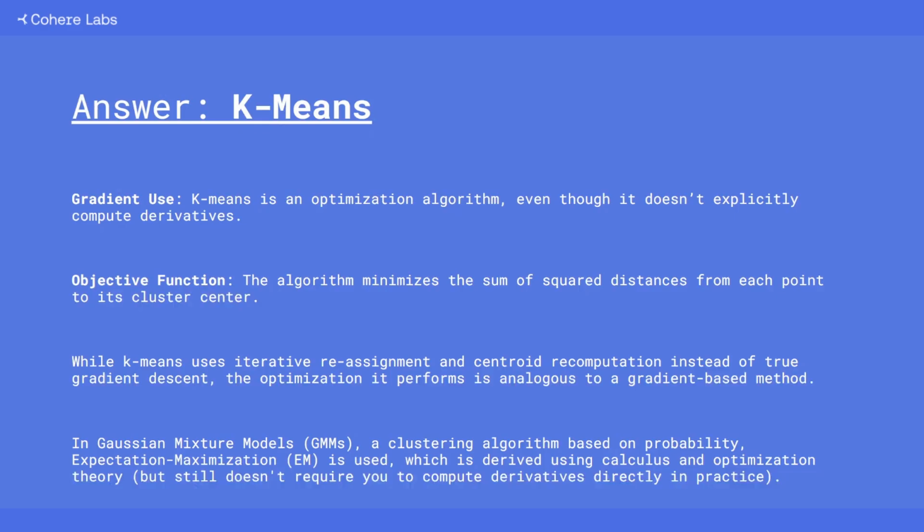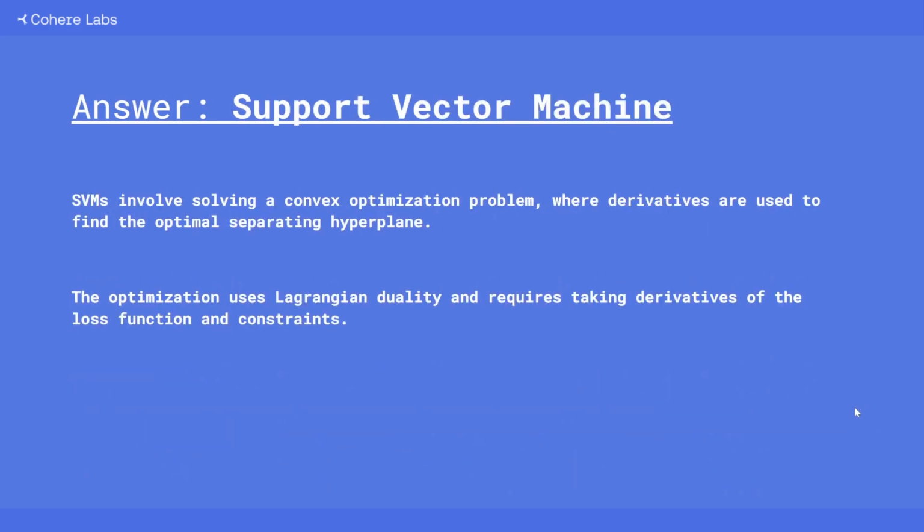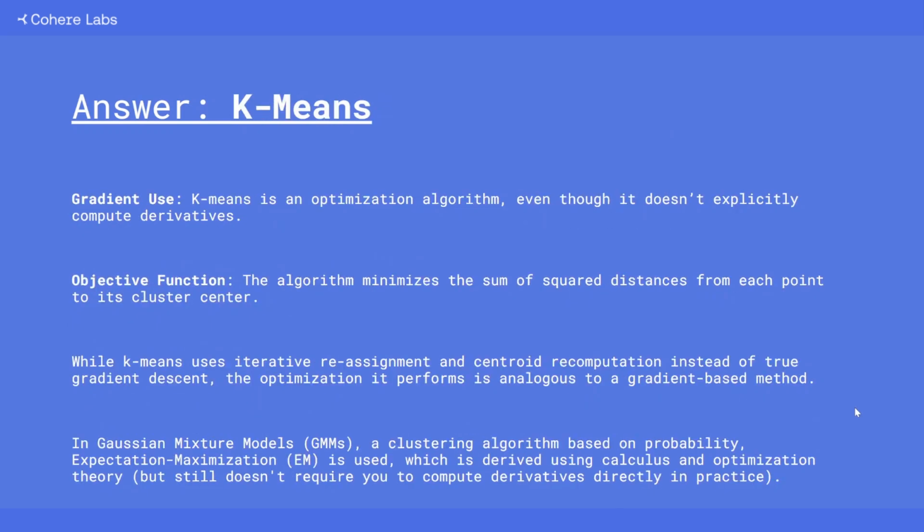I'll show you whether derivatives are applicable in these settings or not. First of all, let's look at the k-means algorithm and its gradient use. K-means is an optimization algorithm, even though it doesn't explicitly compute derivatives.